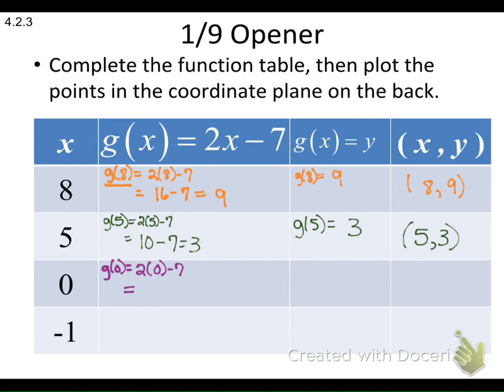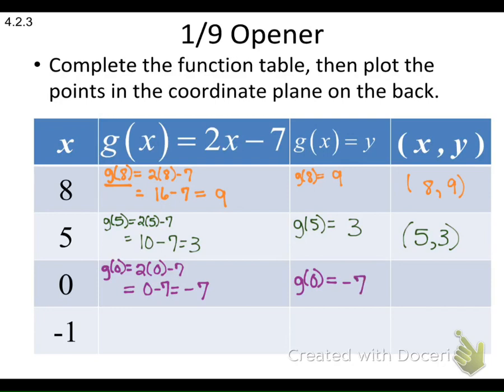Okay, so then AJ, when you start to solve, do 2 times 0, which is 0. Okay, then I drop down my minus 7. What's 0 minus 7 then? Negative 7. Okay, so then when I go to write my output, my answer, I'm going to write the function of, 0, there you go, the function of 0 equals negative 7.